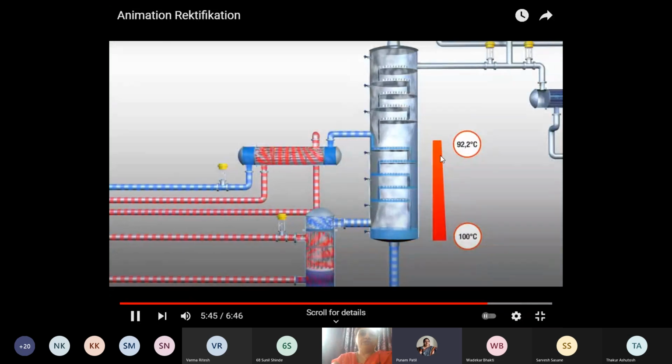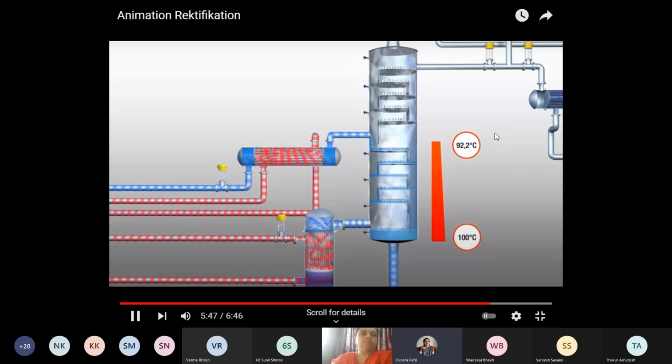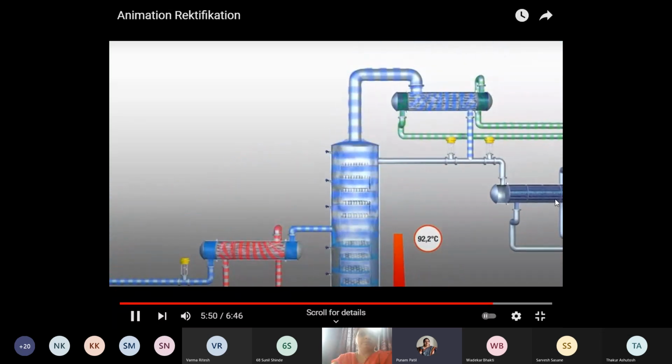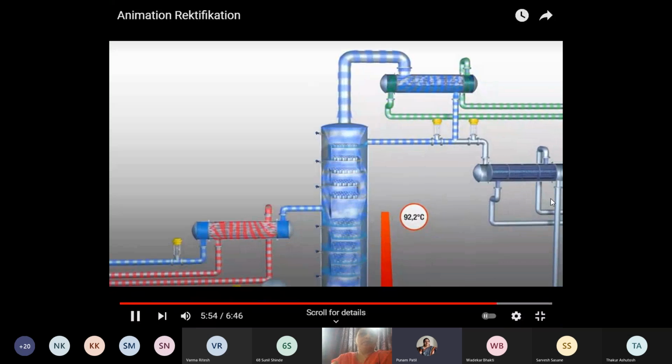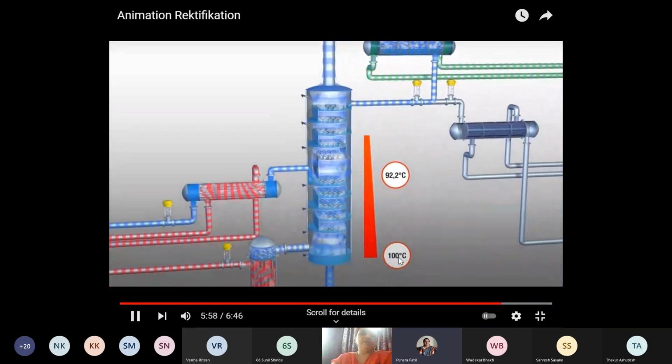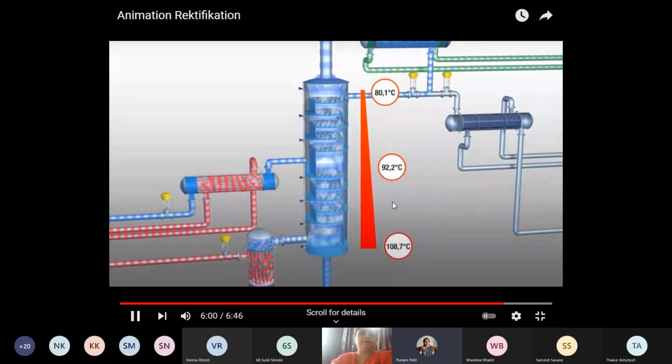You can see the temperature gradient. As the boil-up is added, initially this temperature is 82, but now it becomes 100. Then the middle portion is 92 and the upper part is 8.